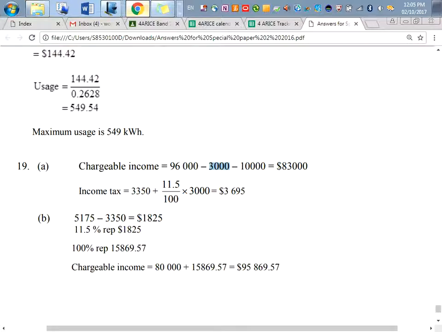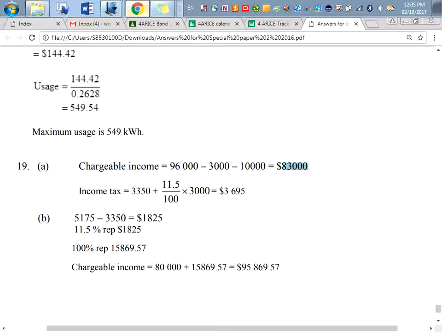Take it that she never earned that amount. And she also had tax relief of $10,000. We subtract all of these away. So what she's charged on is $83,000. We only tax Sarah based on this $83,000.